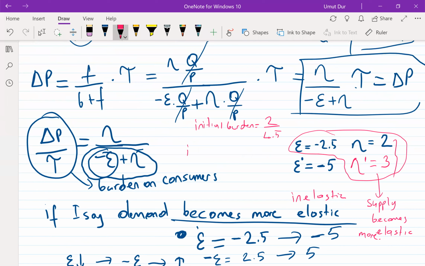The final one, with the new supply elasticity, is 3 over 2.5 plus 3, which is 3 over 5.5.